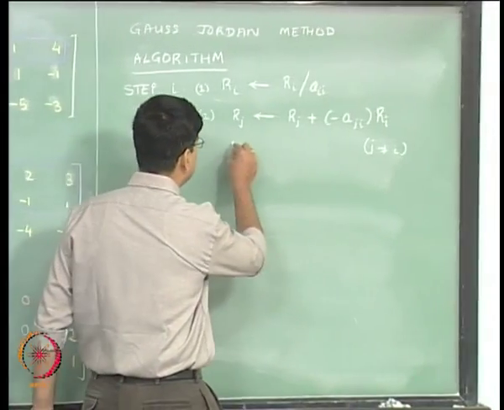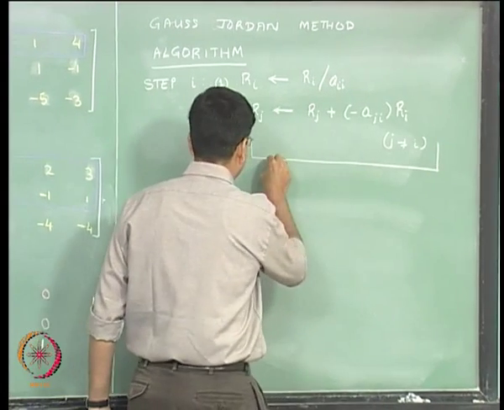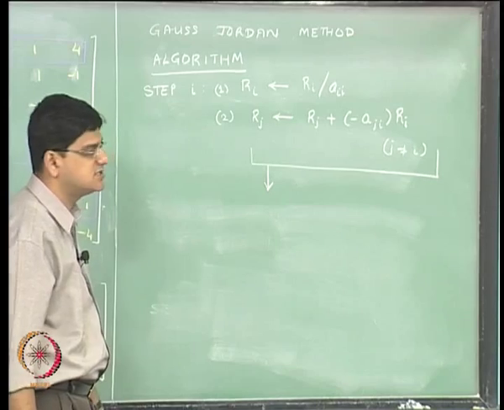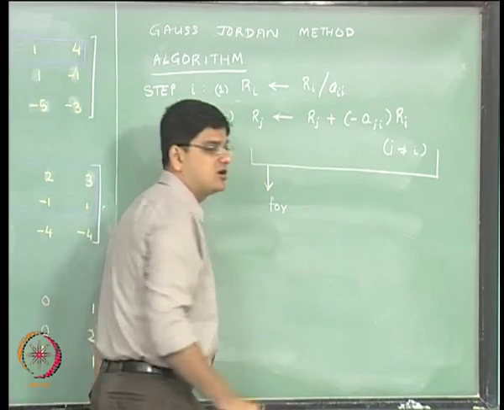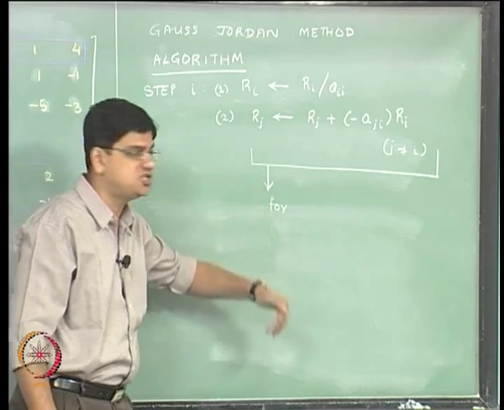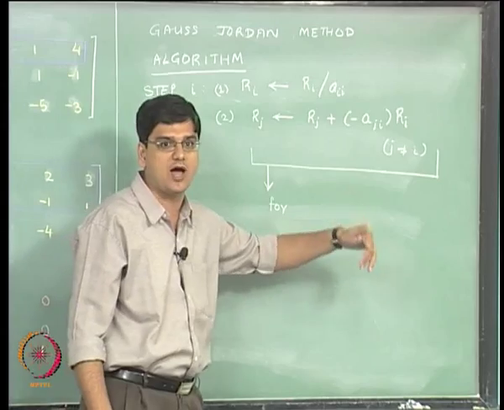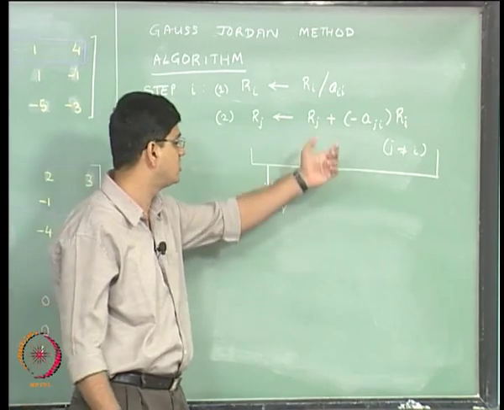So, what this particular procedure, or these sub steps, expand into is that for column I plus 1, I plus 2, I plus 3 and so on up to n, and then one more for the b column.